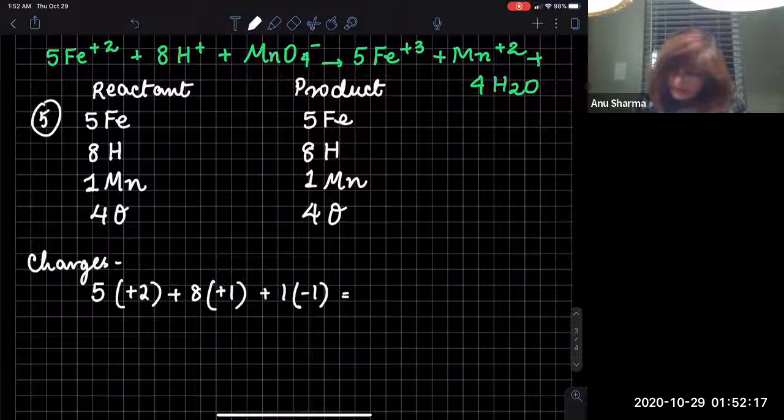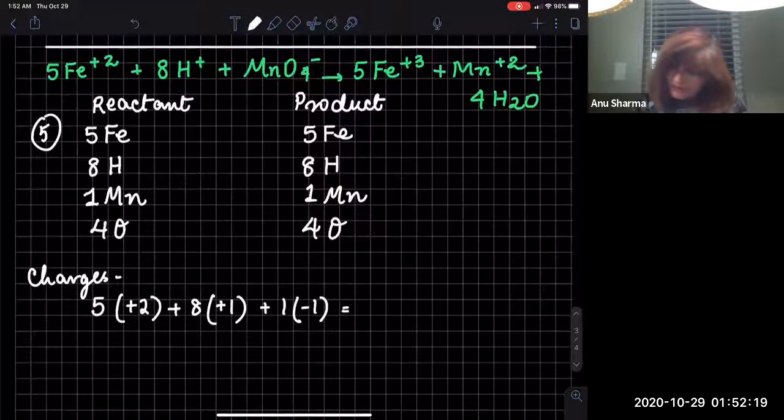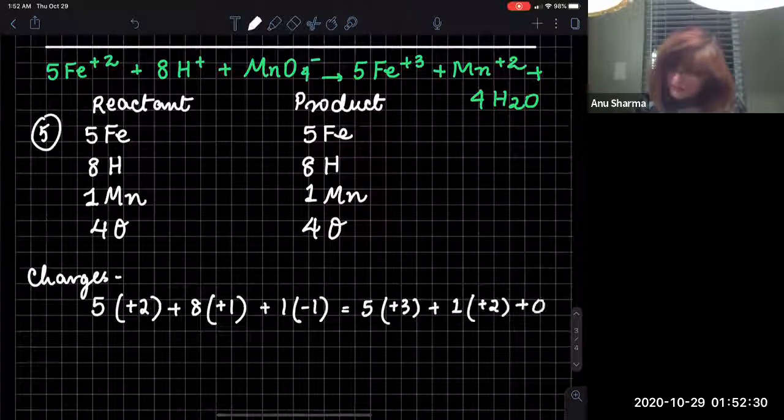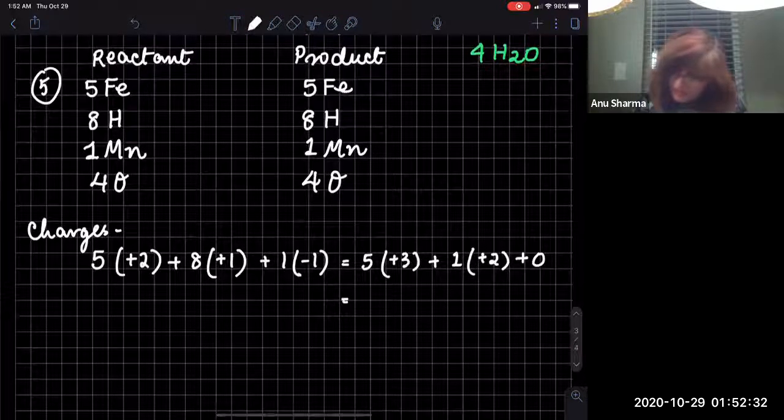On the other side, for iron, 5 times 3 is 15, so 5 times plus 3 plus 1 times plus 2 plus 0. Here you have 15 plus 2, and that is equal to 17.